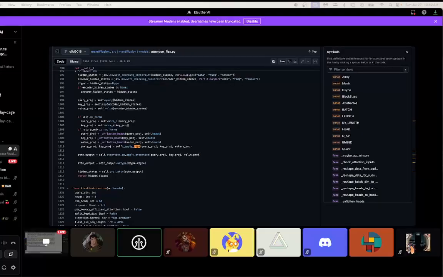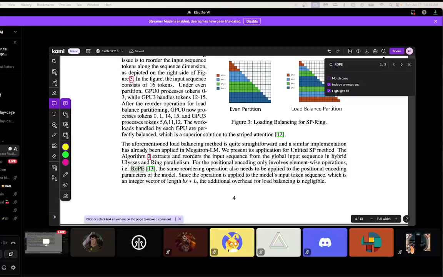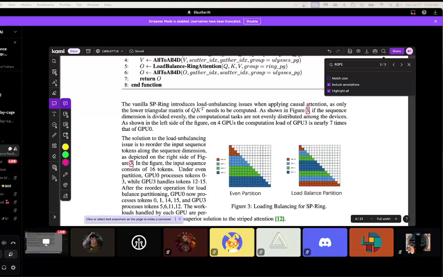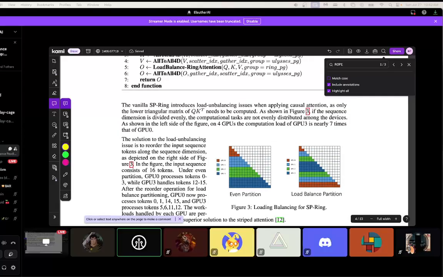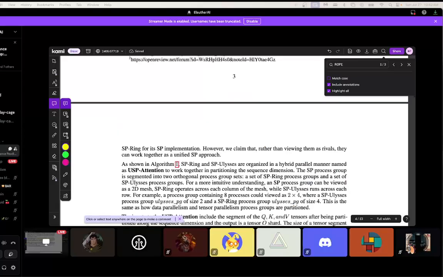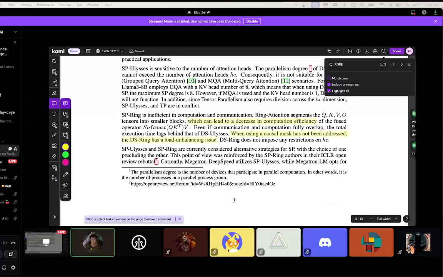Let me see something really quick. You can keep going if you want. I'm just going to pull up this code and check something. Just interrupt when you've found something.